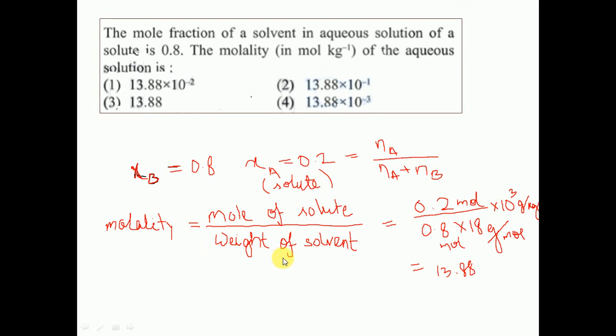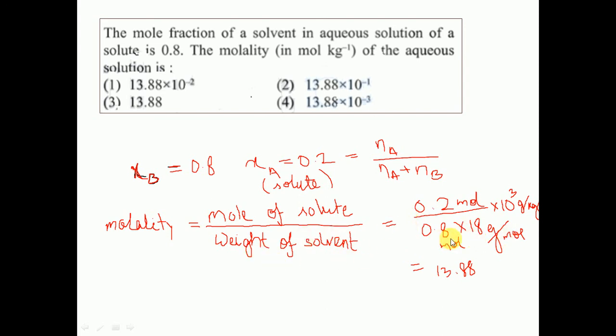From the question we can say that the solvent here is water, right? Because it's given aqueous solution, so the solvent is water, and we know the weight can be calculated from the number of moles. When the number of moles is given, we can multiply the number of moles by the molar mass to get the weight of the solvent.